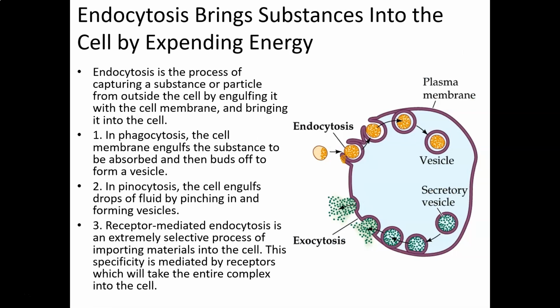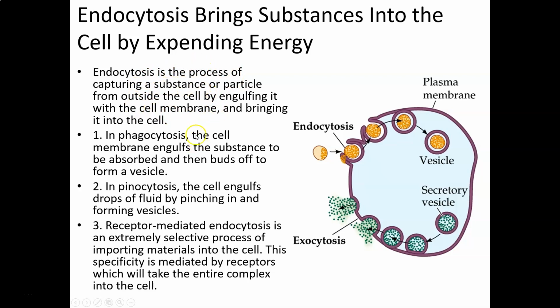The other types of active transport that we're going to talk about come under the heading of things you've probably heard of before to some extent. One is endocytosis, right? Endocytosis brings things into the cell. It expends energy, okay? So endo means inside, so endocytosis is taking this yellow substance and moving it inside the cell.